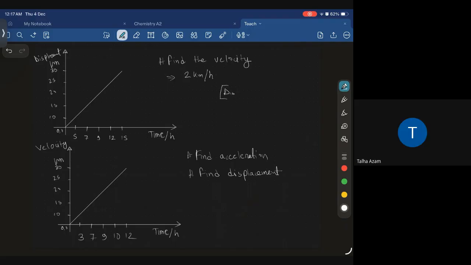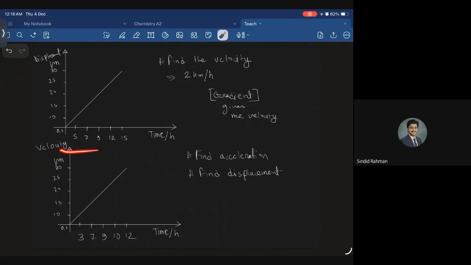Oh, find the acceleration now. Yeah, I have to find the acceleration and the displacement. For this graph, this is the second part. Okay, so this is find acceleration, velocity time graph.